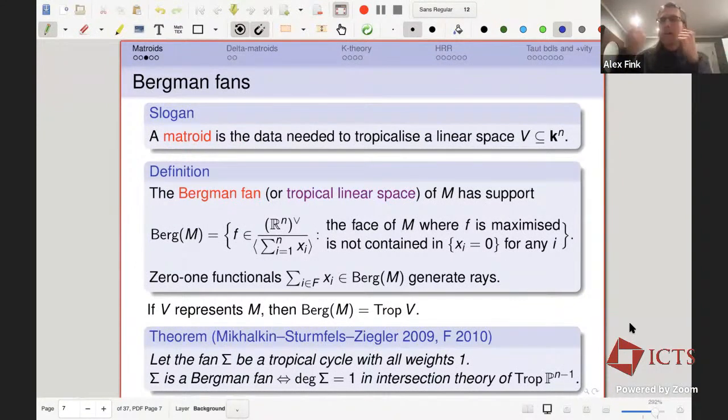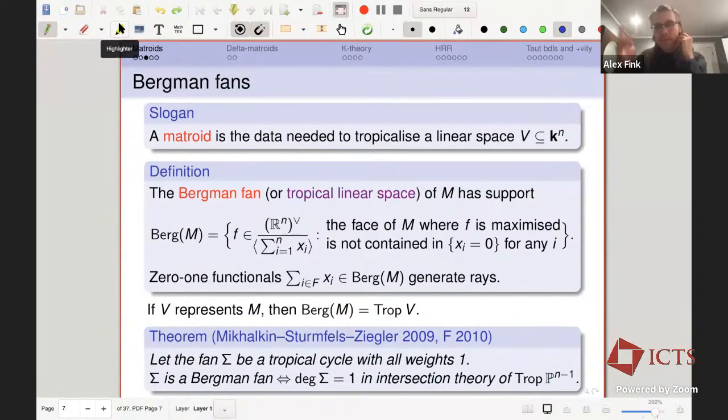I need to tell you where the rays are, which sets of rays make up a face. So that is this line I forgot to read, sorry, at the bottom. All the 0, 1 vectors in the Bergman fan are rays, and every subset of those rays that generate a cone in the Bergman fan make up a face.